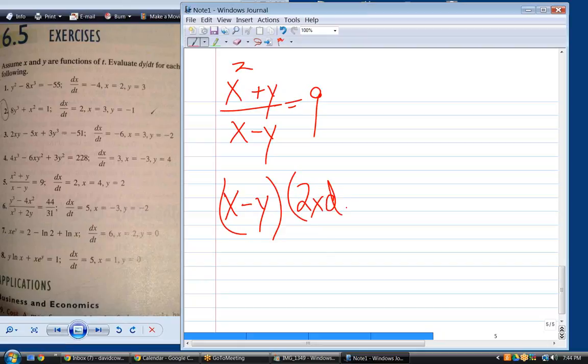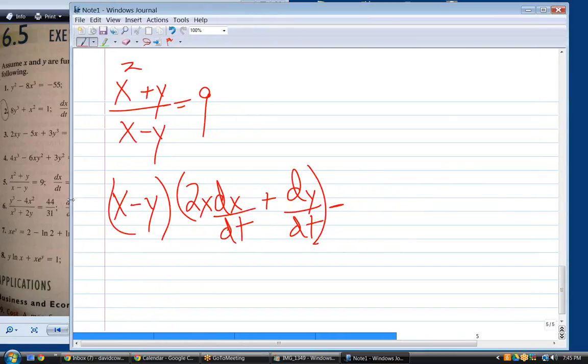And then plus, okay, what goes next to the 2x? The dx over dt. Always. And then plus 1 times dy over dt. Minus, let me widen this a little bit.